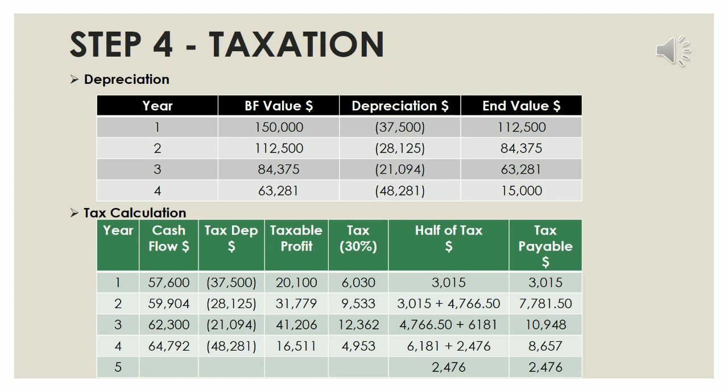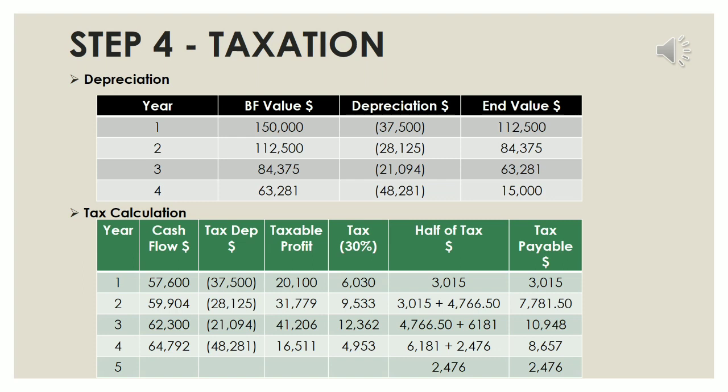Third year, inflationary cash flow will be 62,300. From that, we are deducting the depreciation amount of $21,094. The taxable profit will be 41,206. For that, we are applying 30% taxation. That will result in $12,362.